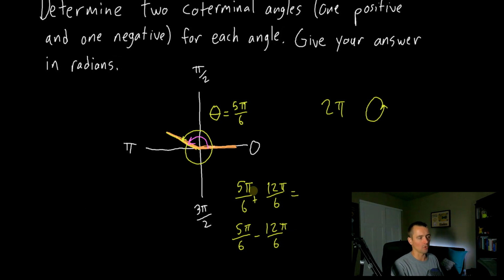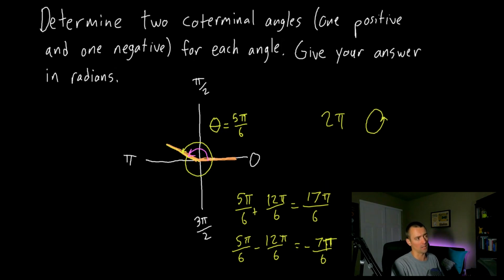So our two coterminal angles in this case would be 5 pi plus 12 pi, which is 17 pi over 6, and 5 pi minus 12 pi, which would be negative 7 pi over 6. It's not a very pretty pi, but hopefully you get the idea. Negative 7 pi over 6 and 17 pi over 6. Those would be your two coterminal angles, one positive, one negative.